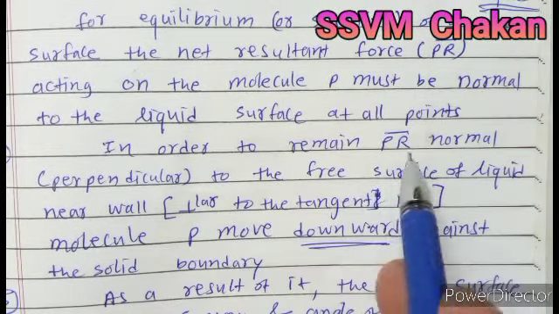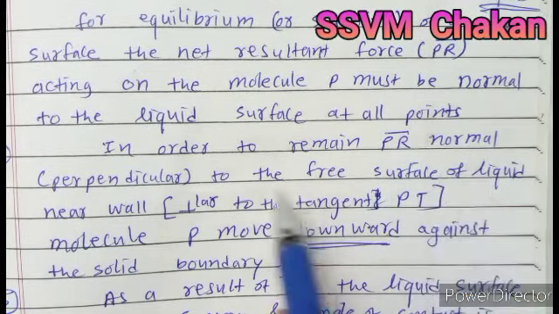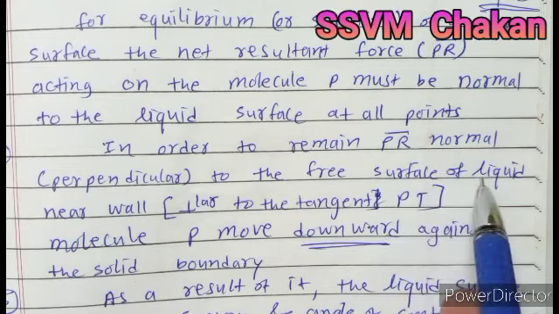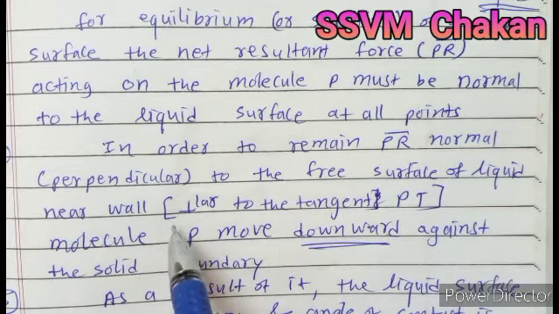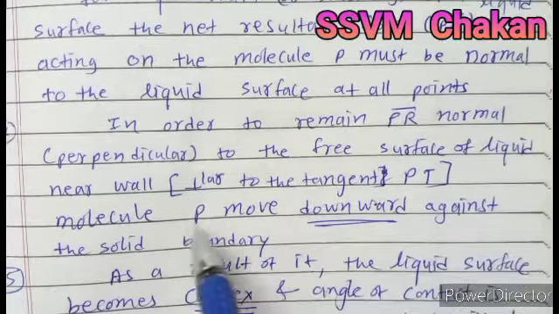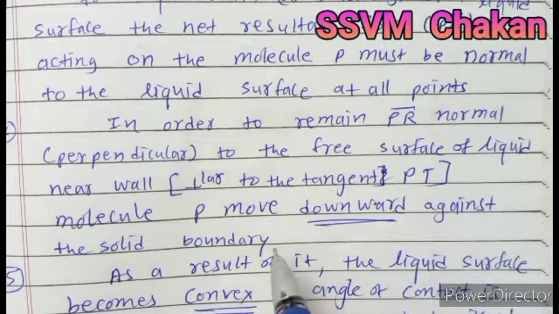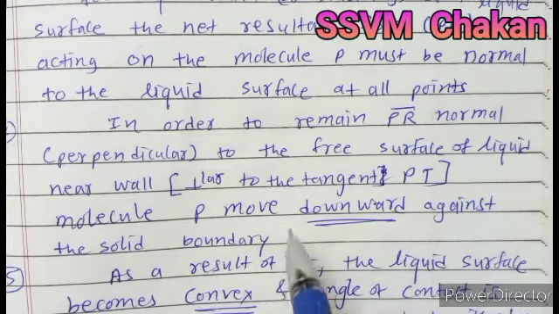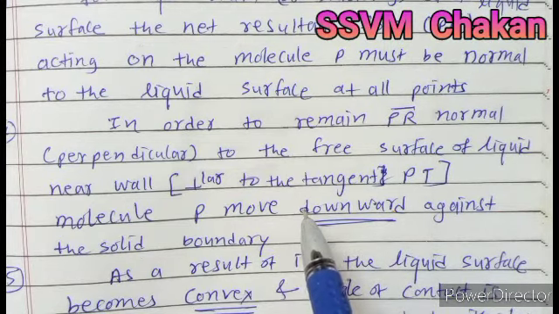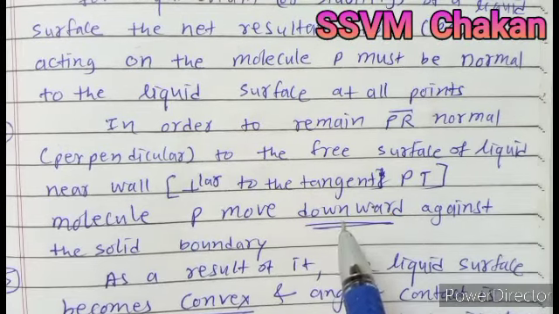In order to keep PR bar normal to the free surface of the liquid near the wall, molecule P moves downward against the solid boundary. In the previous case, it was moving upward; now it is moving downward.